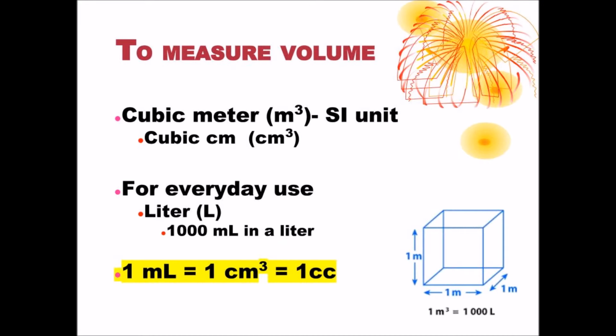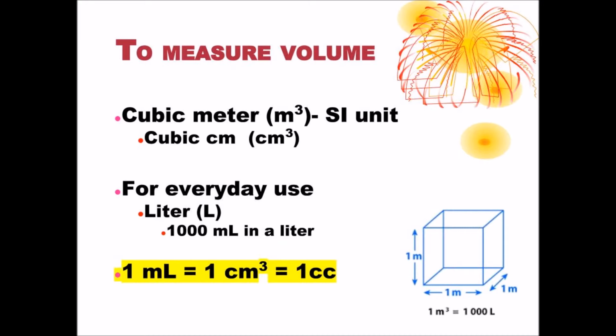The unit for volume is a bit tricky because it's called a derived unit. That means that the measurement is taken from the calculation of other measurements. For instance, the volume of a cube is length times width times height, three other metric units.